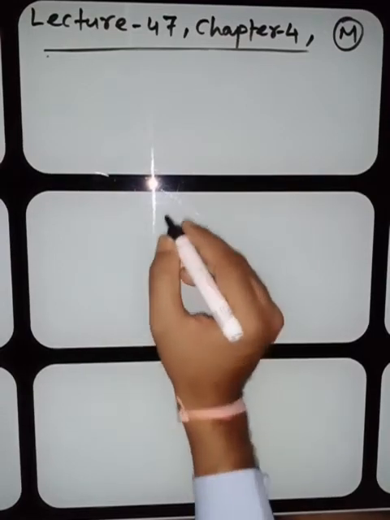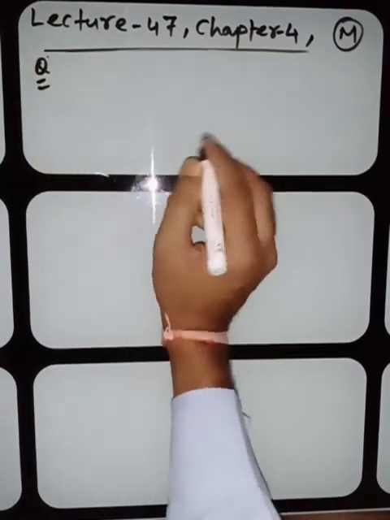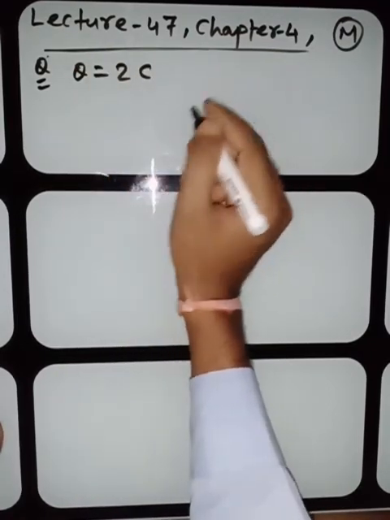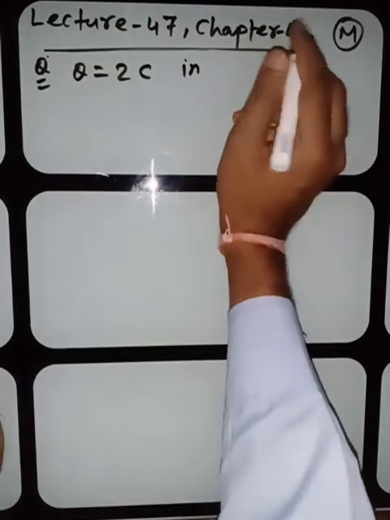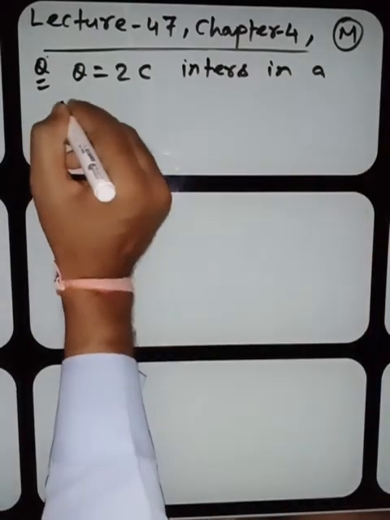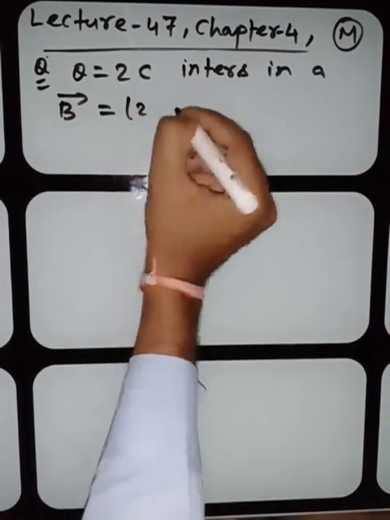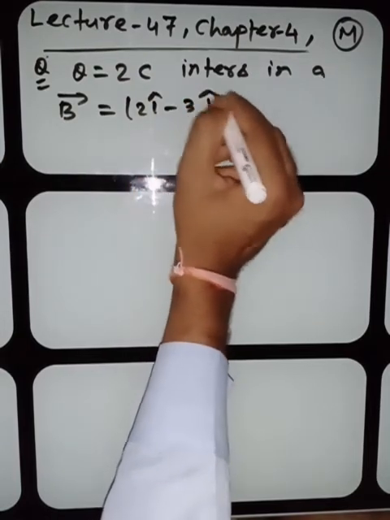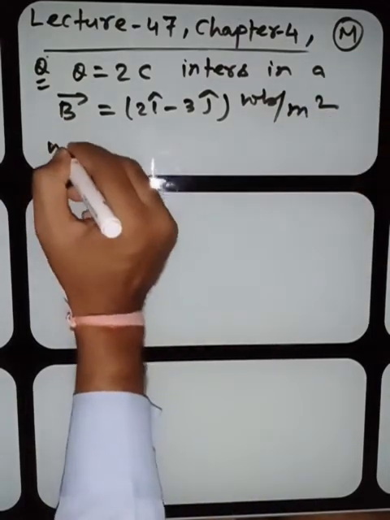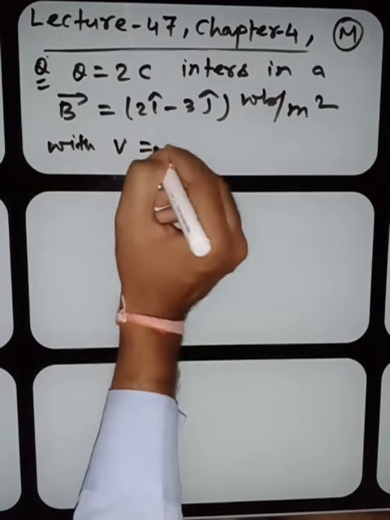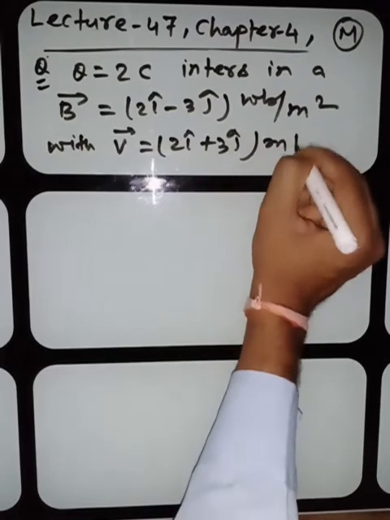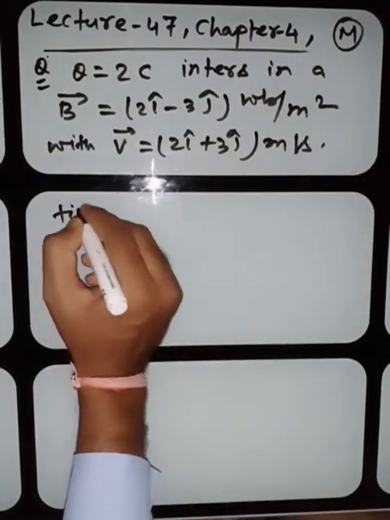Now, a question: a charge of 2 coulomb enters a magnetic field of 2i minus 3j Weber per meter square with a velocity of 2i plus 3j meter per second. You have to find the force.